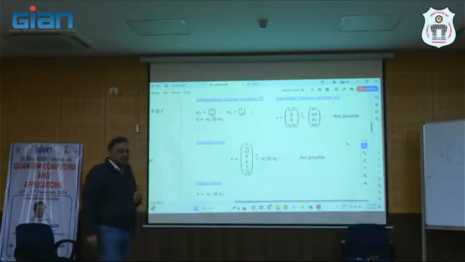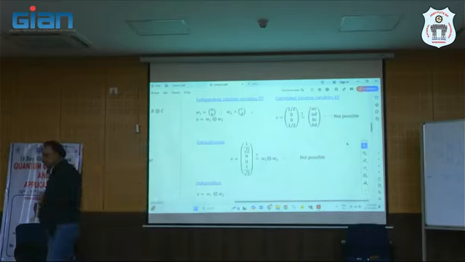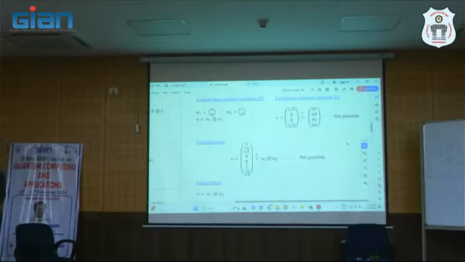Correct? Yeah. Okay. Agreed? So this is the concept: when we say independent system, it means you can write it as W1 tensor W2.